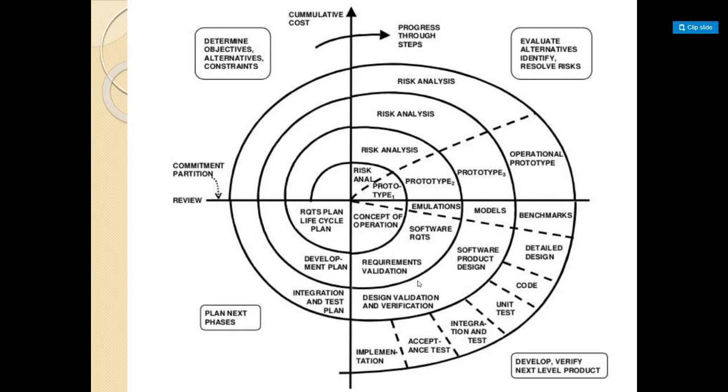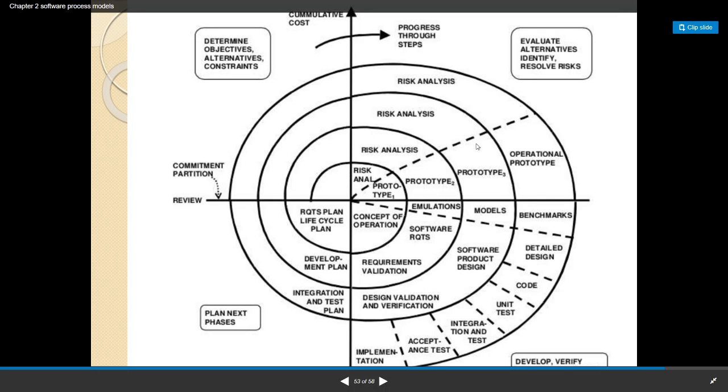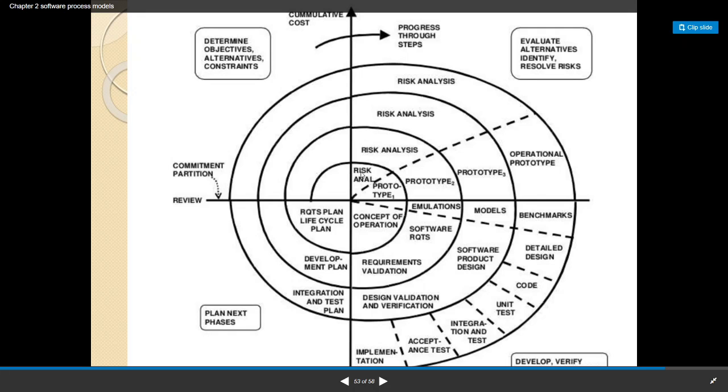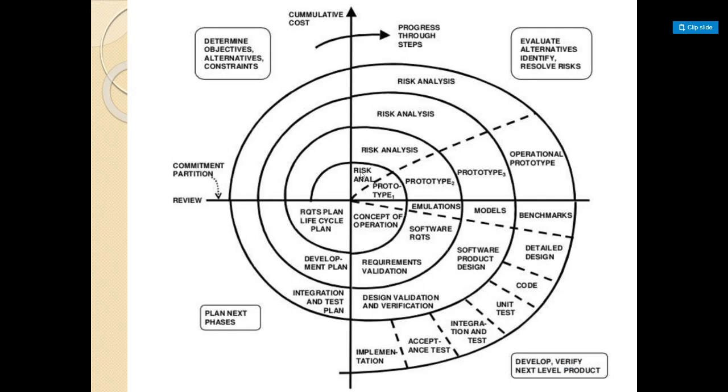And see, each quadrant has its own set, like it starts from here. So here it is determine objectives, alternatives and constraints for the project to start with. Then see, in the previous models there was no risk analysis. So the main plus point of this is that there's a risk analysis in every step of development.